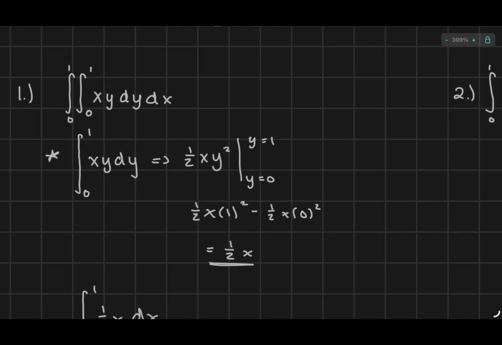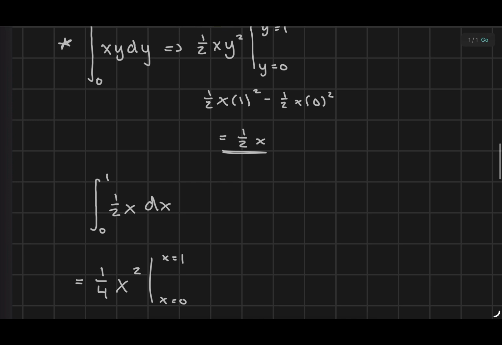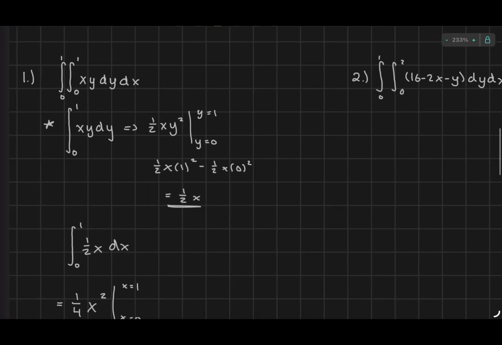Why am I writing y equals 0, y equals 1 right here, and x equals 1, x equals 0 right there? I'm doing that because when we're writing it in one cohesive thing, when we have more difficult integrals, the last thing we need is to plug in 1 into our x when we don't mean to, or 0 into our x when we don't mean to.